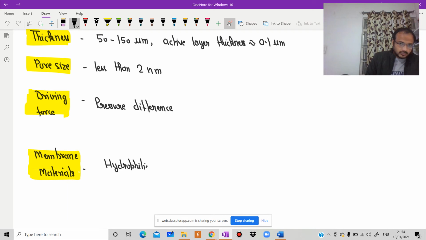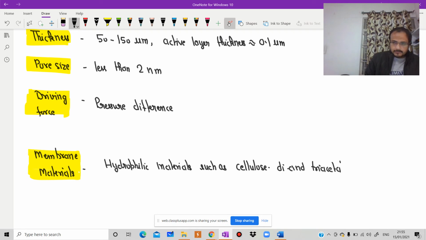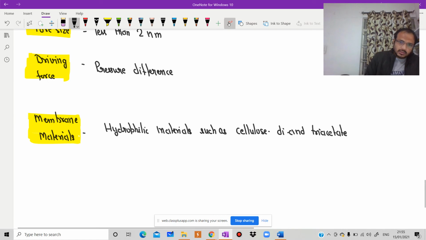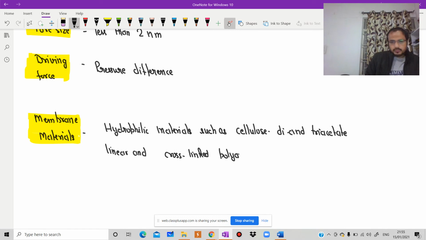Hydrophilic materials such as cellulose, di and triacetate, linear and cross-linked polyamides.